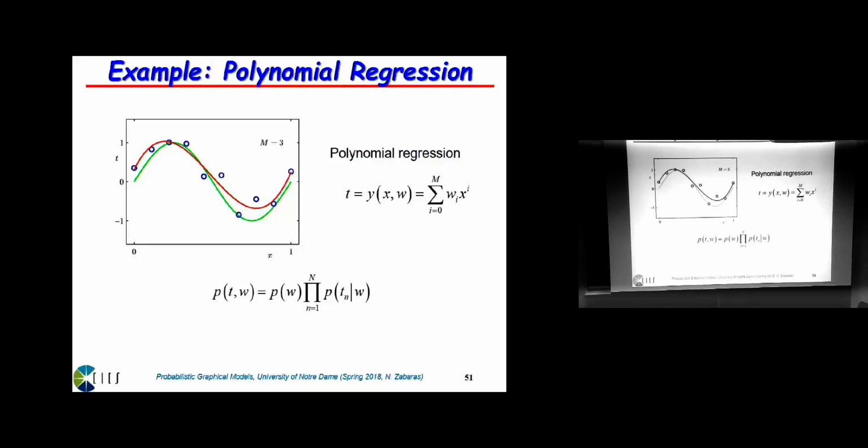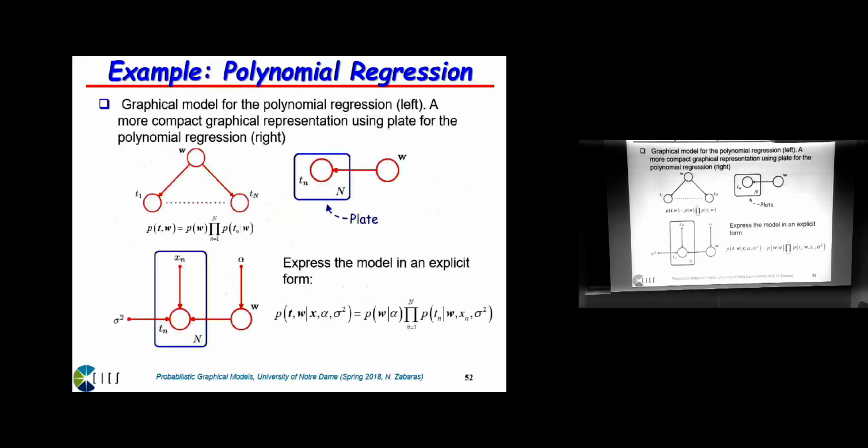All right, and so the joint probability of t and w is, you can think here of t being our measurements at some given points x, but in this equation it is not shown. But the joint distribution of what I have observed, which is t, and of these unknown parameters w, is the prior w times the likelihood of each data point t_n with known parameters.